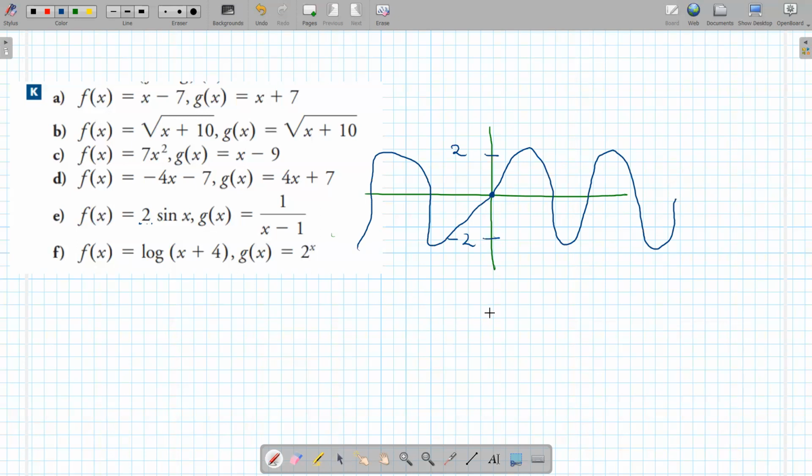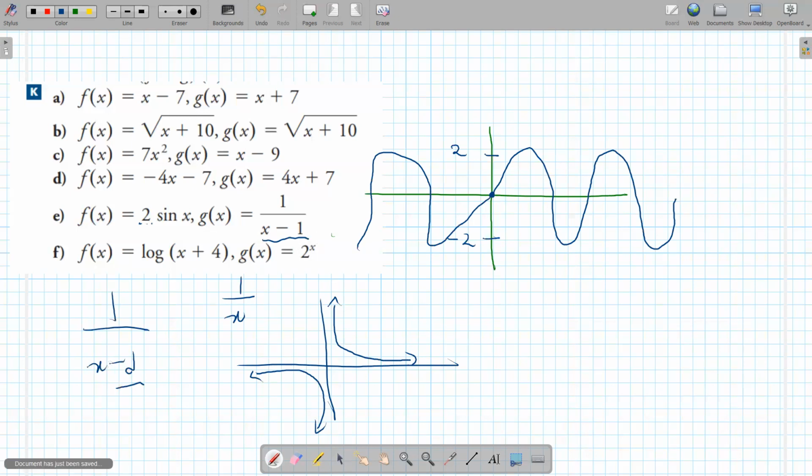What about 1 over x minus 1? 1 over x was one of the functions I was missing. This is what 1 over x looks like. It's a reciprocal function. This is your d value in here, x minus 1. Compare that with x minus d. Does it go to the left or to the right, that minus 1?